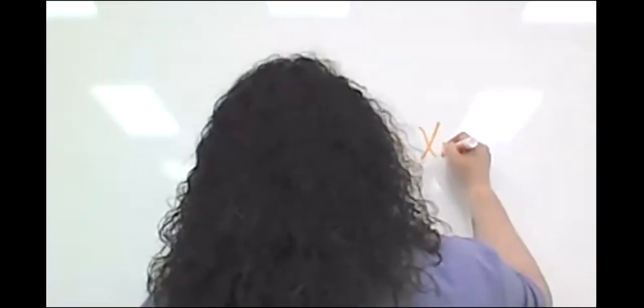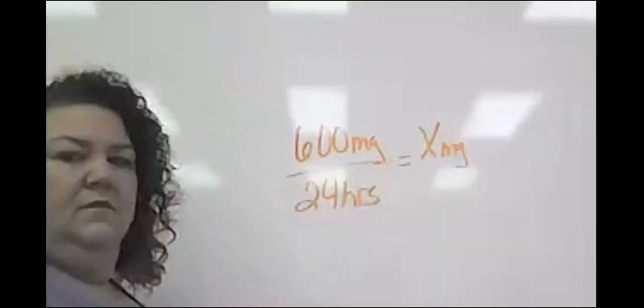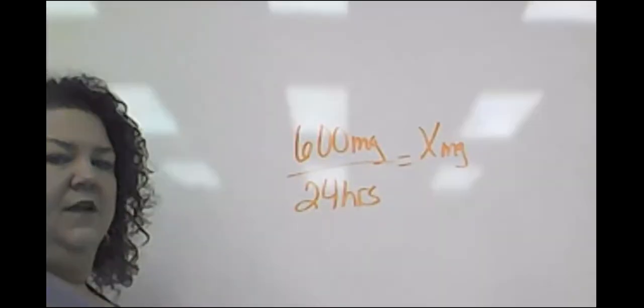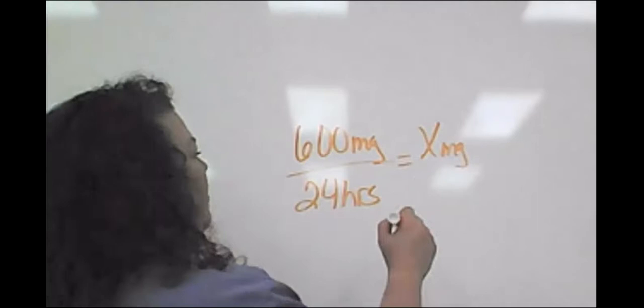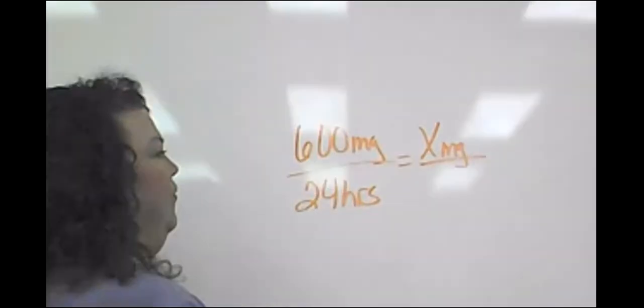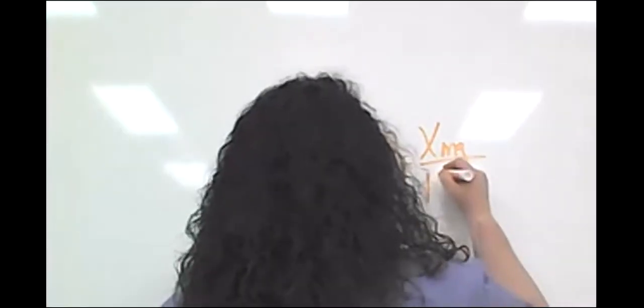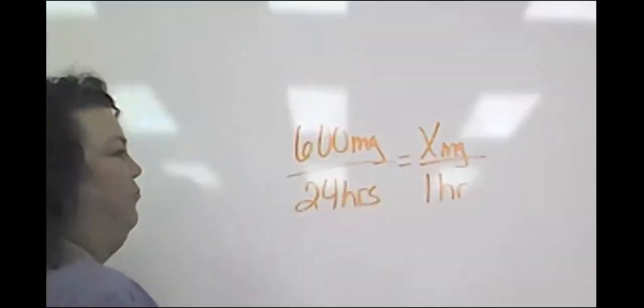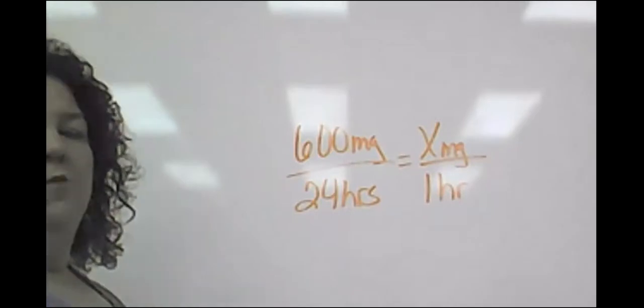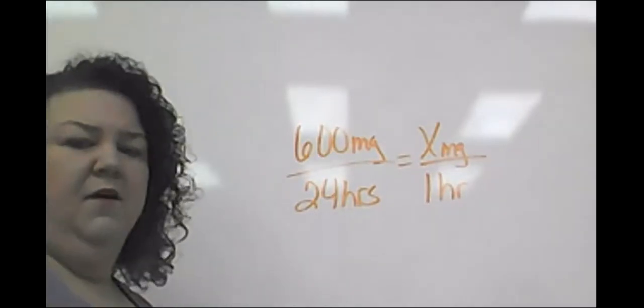So we need to find out how many milligrams. And again, I just like to put my milligrams to help me remember my unit of measure. If you're good at that, then you don't necessarily have to do that. That's something I do for myself. I'm a very visual woman. Over 1 hour, right? We're trying to find out how many milligrams per 1 hour.